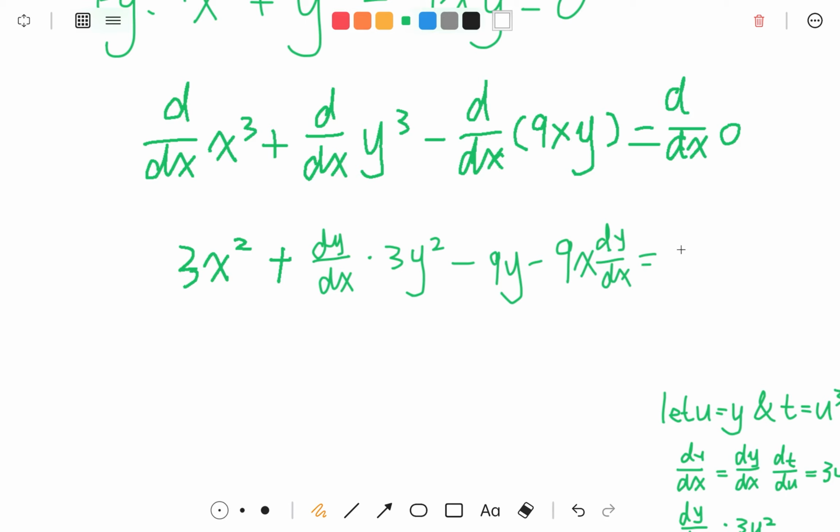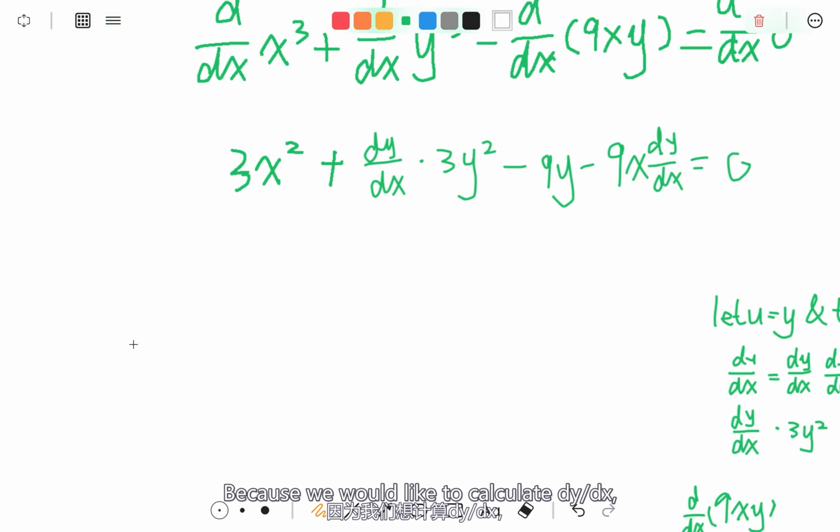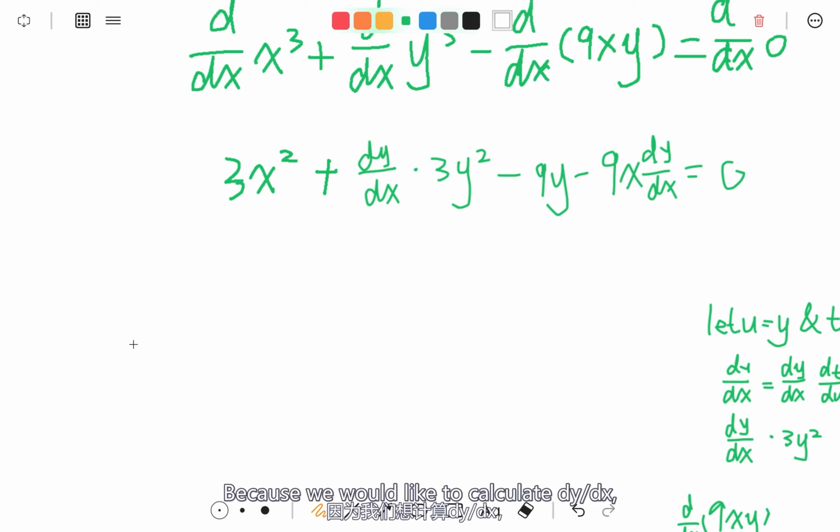The derivative of 0 is 0. And because we would like to calculate dy dx, we put all those terms with dy dx on one side and the others on the other side.